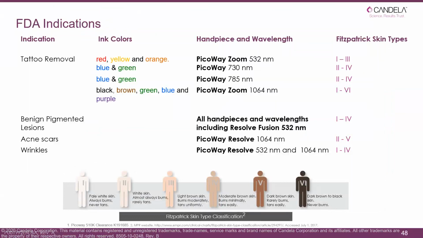But if you're then looking at treating pigmented lesions, again, all of those different handpieces, the 532, the 730, the 785, and the 1064, can all be used, depending on what the pigmented lesion is. So it gives you a really broad range of different wavelengths and different handpieces to treat virtually any pigmented lesion you come across within your practice.